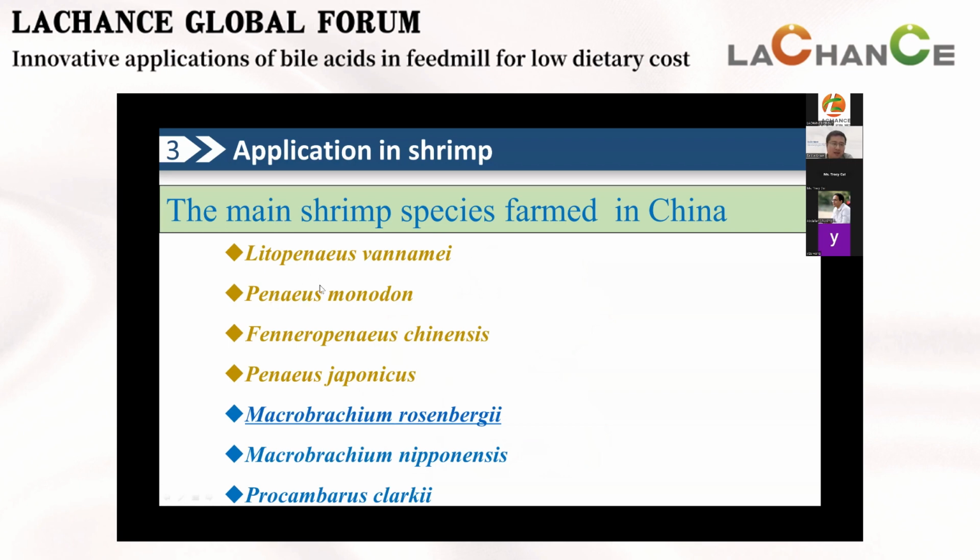Here are the main shrimp species found in China. And these 4 species are found in the seawater. And these 3 shrimp are found in the freshwater.